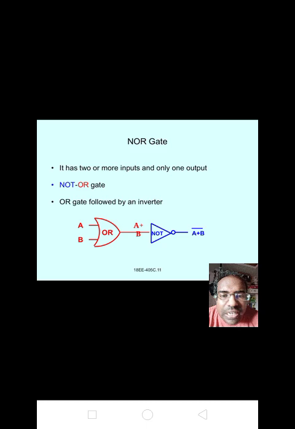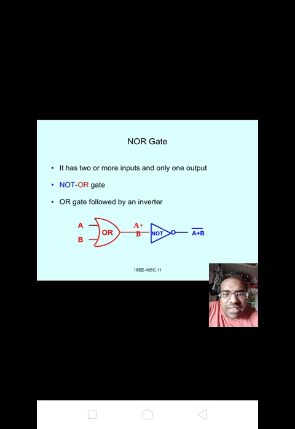That is, NOR gate equals NOT gate plus OR gate. The OR gate is followed by an inverter.